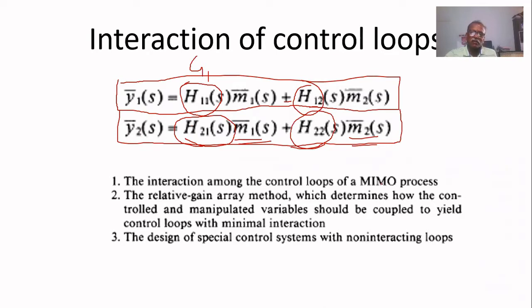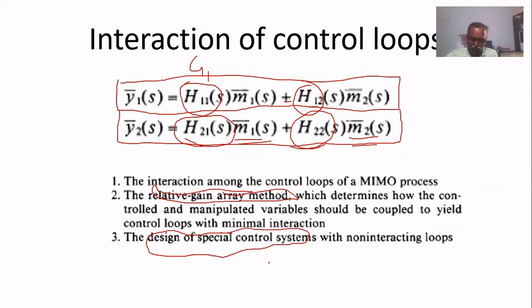The interaction among the control loops of a MIMO process that we have seen, we can find by using the relative gain array. We can design special control systems without any interaction.